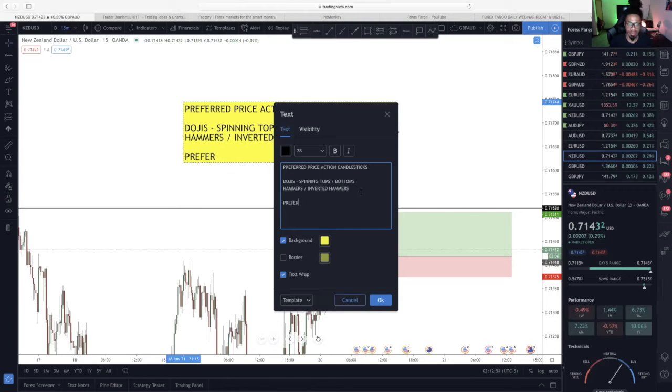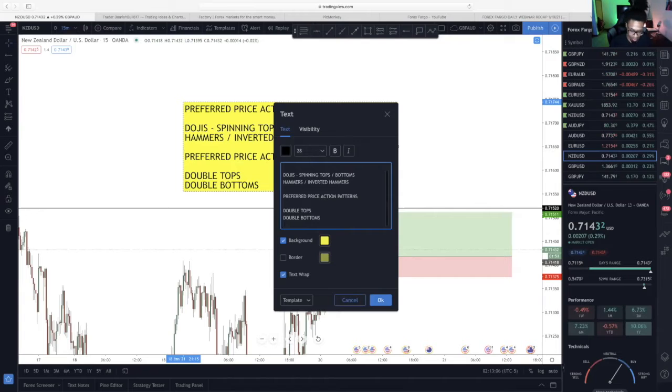Preferred price action patterns that I like to look at: double tops, double bottoms, head and shoulders, right? I'm just giving you guys a brief example, right?